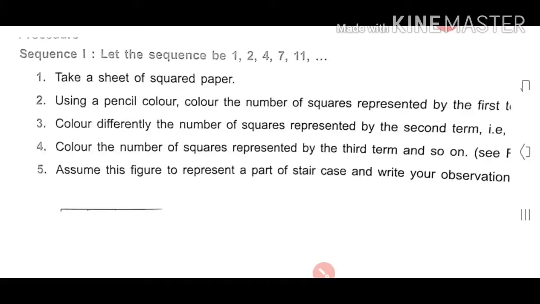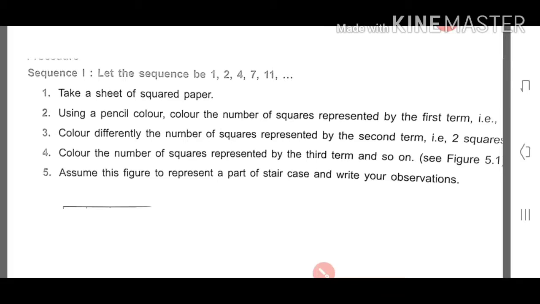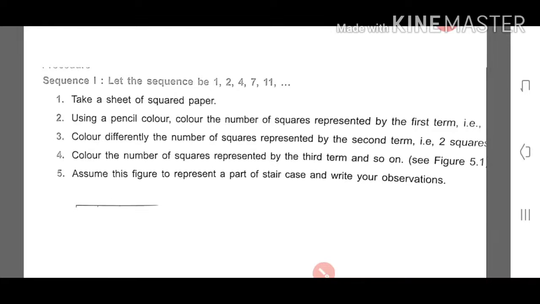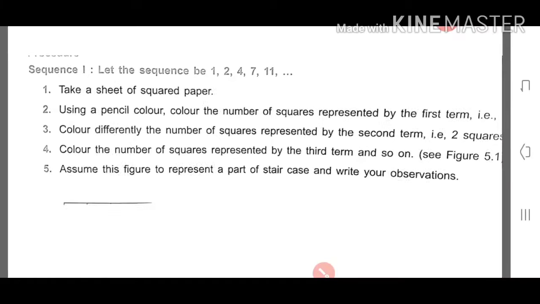First of all, we will take a sequence: the first number is 1, then 2, then 4, then 7, then 11. Look here, with this sequence we will draw on a square paper.